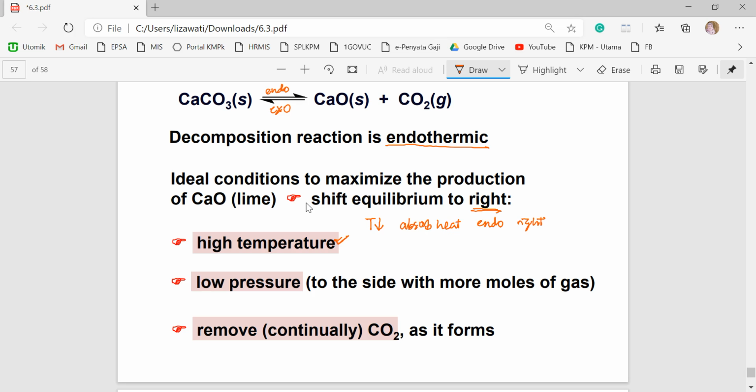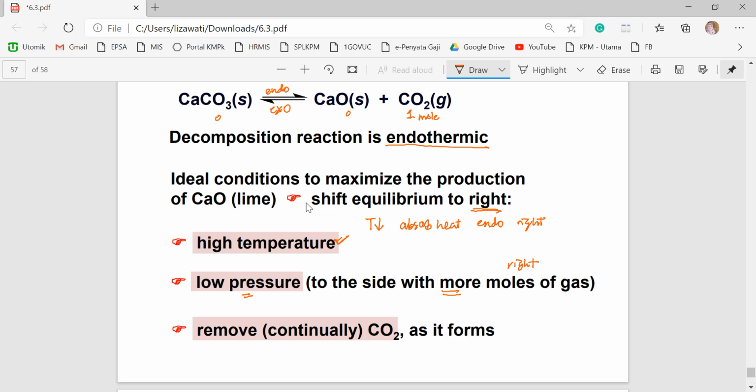And then low pressure, to favor the side with more moles of gas. In terms of pressure, referring here, the solid is not considered, and we have 1 mole of gas. So the pressure should be low so that it shifts to the side that has more moles, which is the right side.